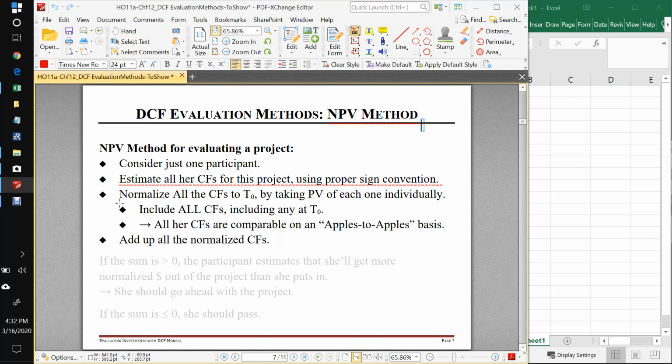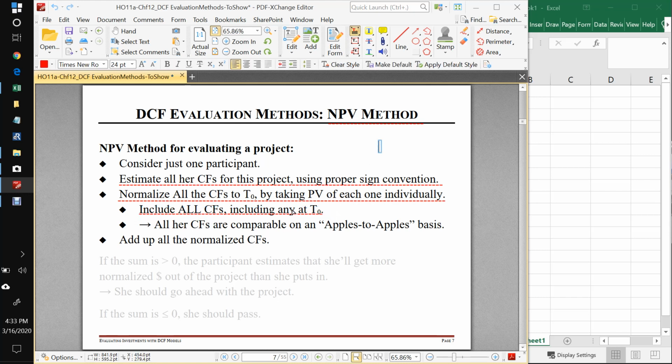And next step, once we've estimated her future cash flows for this project, we want to normalize these cash flows to t equals 0. How do we do that? We take the present value of each one individually, just like we've been doing, and we want to be careful now to include all cash flows, including any at t equals 0.